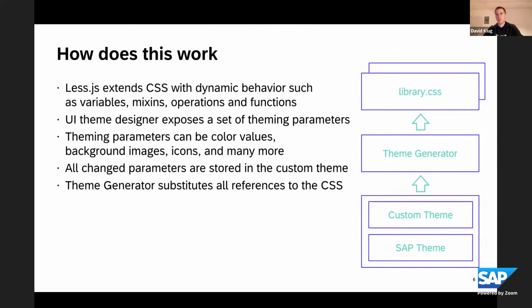So if we have a look at the picture on the right side, starting from the bottom, we always have the SAP base theme. On top, there's your custom theme with the changed parameters. Both of them will go into the theme generator, and the outcome are the library CSS files, and these library CSS files are then applied to your applications.